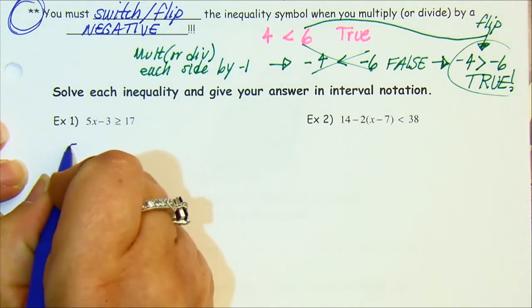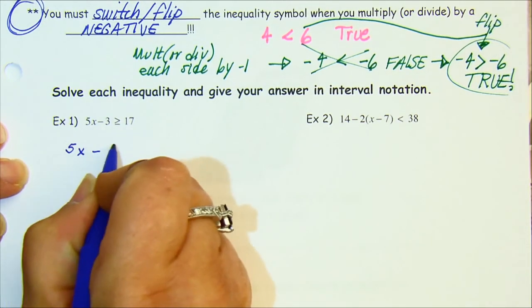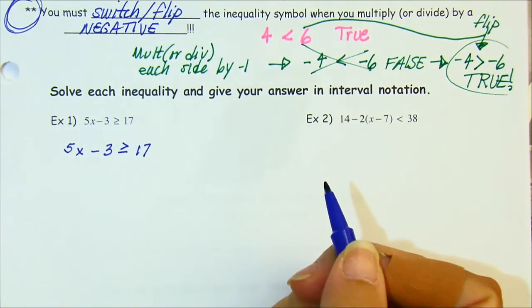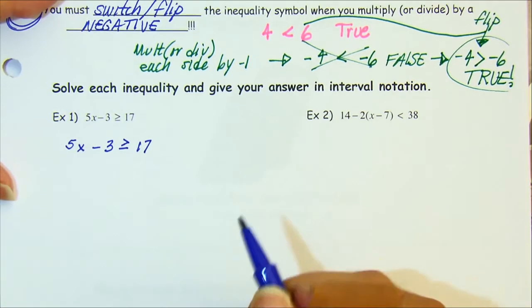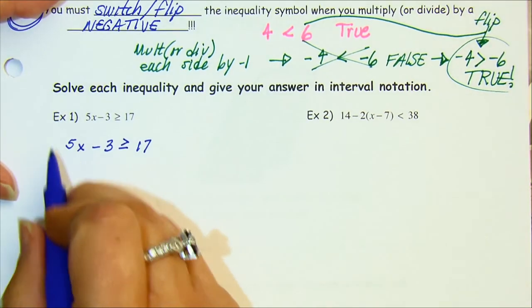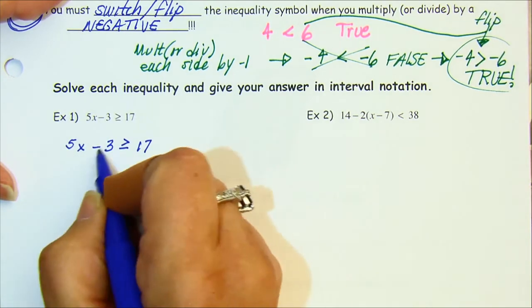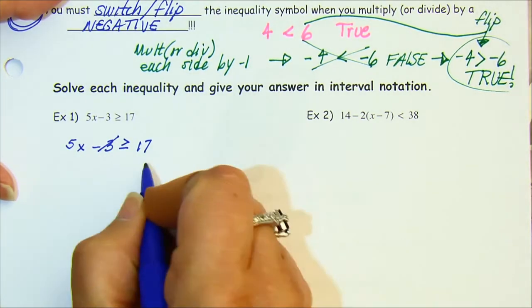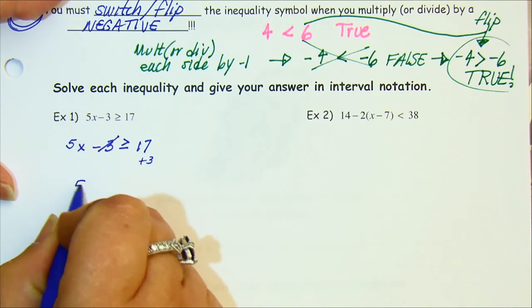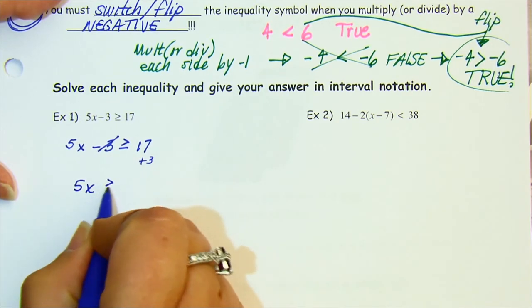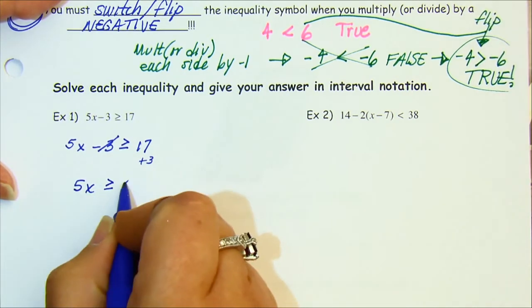So again, I like to write the original problem down so I don't booger up the original problem. I like to see the text on my note sheet. And I say to myself, all right, well, this is an x term. It's a variable term. This is a constant. That's a constant. So I'm going to take 3 to the other side by addition. And I end up with 5x. I did not multiply or divide by a negative, so I keep the inequality symbol the same. 17 plus 3 is 20.